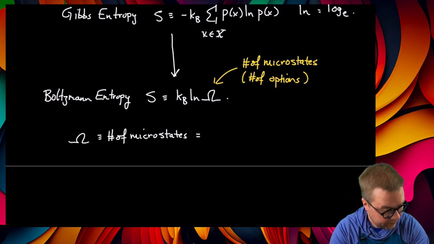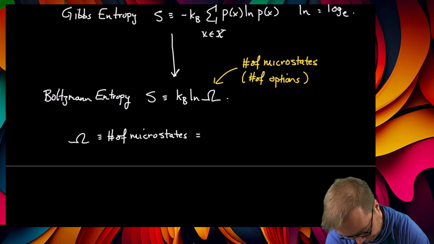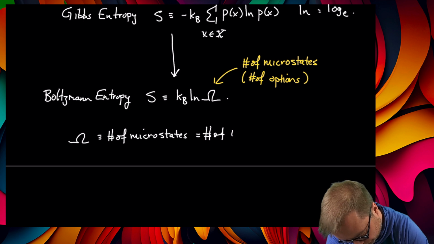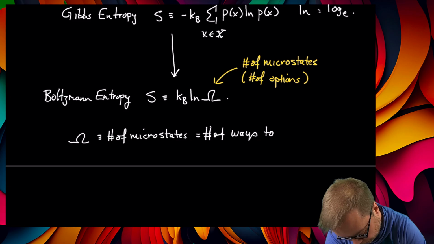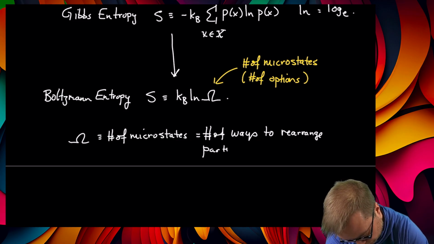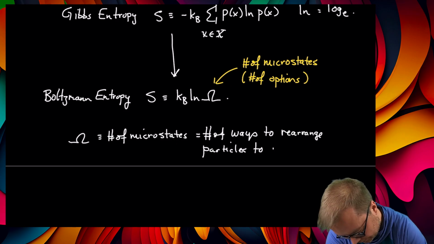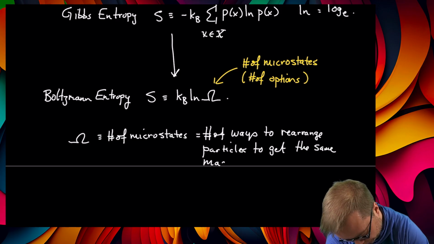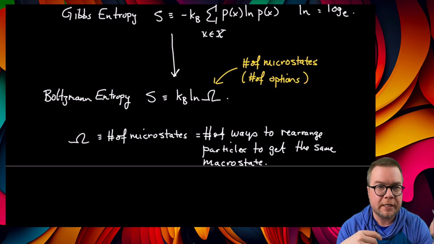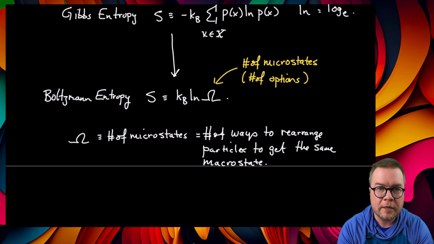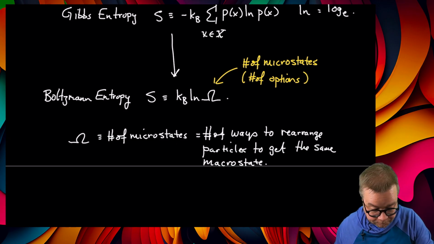And it's going to be the number of ways we can rearrange the particles in our system to get the same, what we call the macrostate. Okay, so the number of ways that we can rearrange this so that we get the same energy, temperature, pressure, et cetera, et cetera, et cetera. Okay, that's what we're going to call the number of microstates.